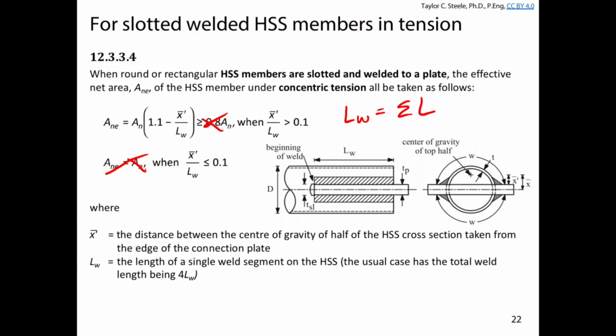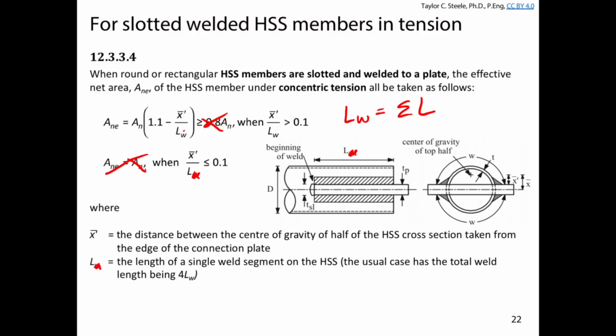They're talking about the length of the welded connection, not LW the same way we've been talking about LW before. For me, LW is the total length of weld. L is the length of the welded connection. And here they're conflating those two a little bit. So just consider this L, consider this L, and consider this L. And they say here the usual case has the total weld length being 4LW. So it's just a little bit confusing.